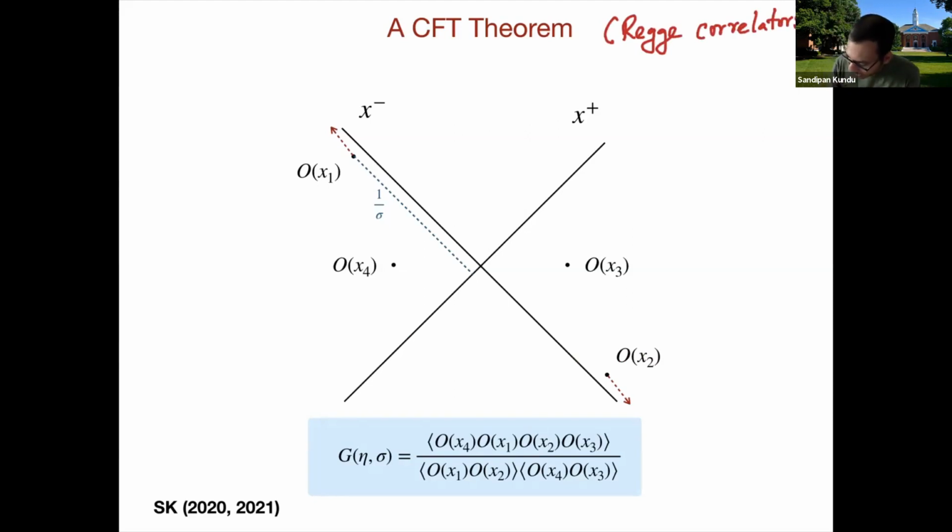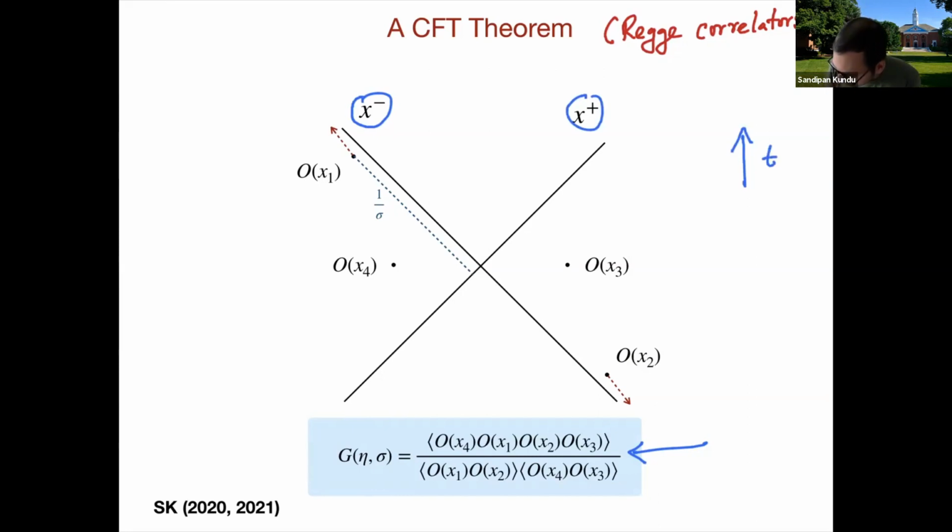So what we have is this normalized 4-point function, normalized by the 2-point functions, where we have 4 identical operators inside a correlator in Lorentzian signature. x minus and x plus are the standard null coordinates where time is going in the upward direction.